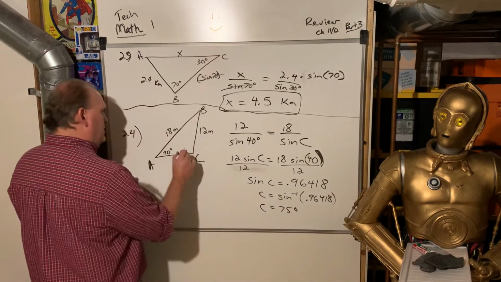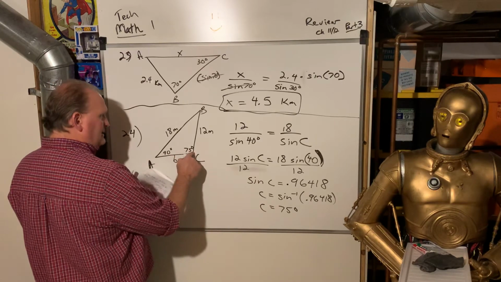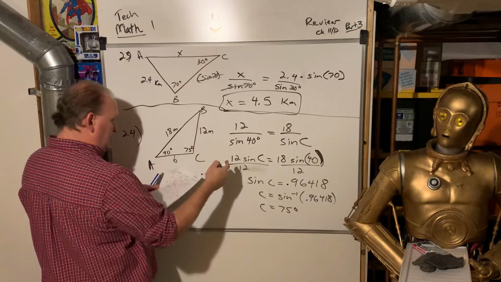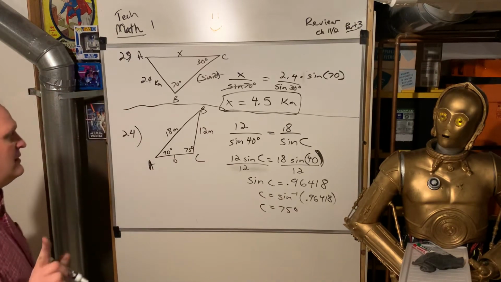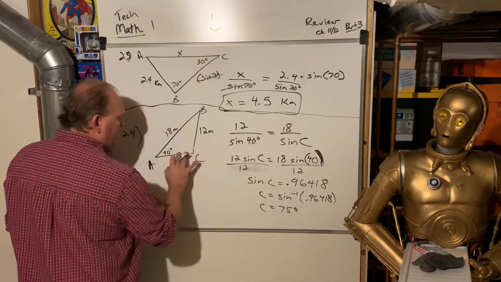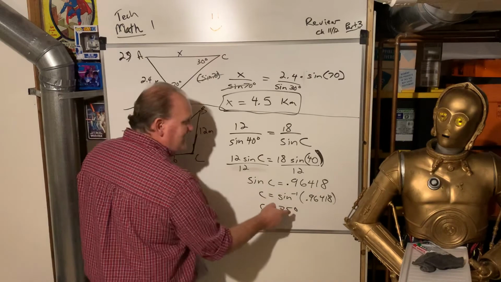So now if we know this is 75 degrees, well now we can find that by doing 180 minus, oh wait, hold the phone, ambiguous case alert. It can't be 75 degrees, it's obtuse. It's more than 90. This is the ambiguous case.